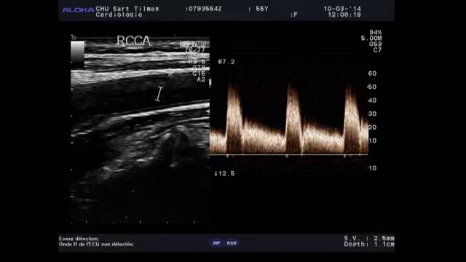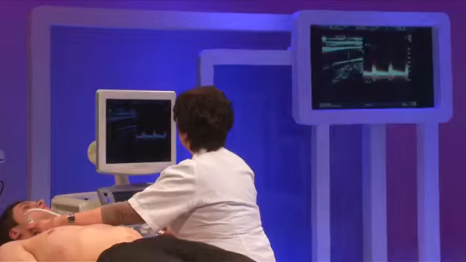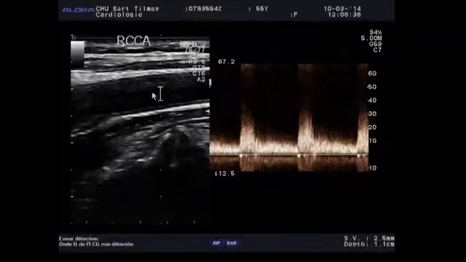Here you must steer your beam. It should be in the direction of the blood flow. And here you can measure peak systolic velocity. It's about 55 centimeters per second, and the diastolic velocity. This one is a wrong way to do it.